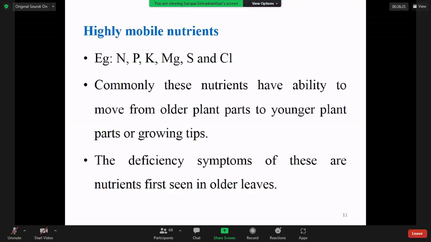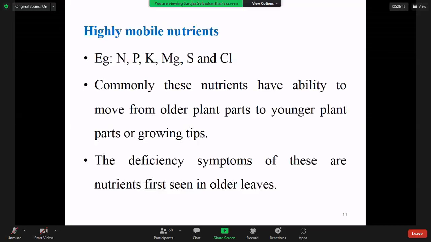If the nutrient is moved from the older part to the new plant part, in which area may the deficiency symptoms occur? Old leaves. Why? Because much of the mineral is transferred to the new one.